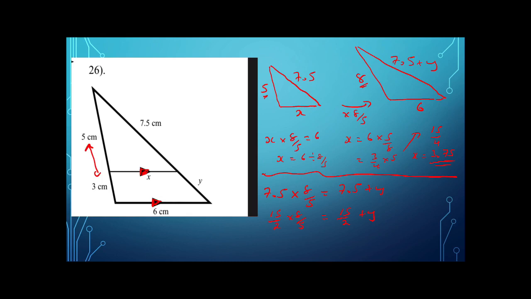I'm going to do this multiplication here. So 5 goes into 5 once, goes into that 3 times, 2 goes into itself once, and into that 4 times. So that gives us 12 equals, actually no, I'll put it back to 7.5 plus y. So y is equal to 4.5.